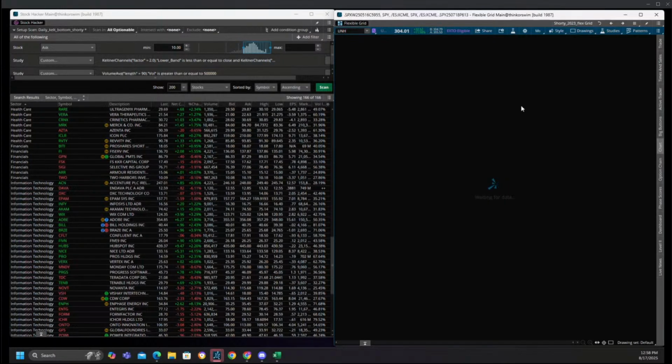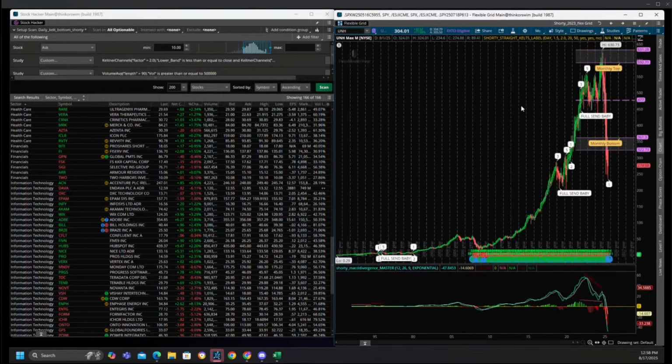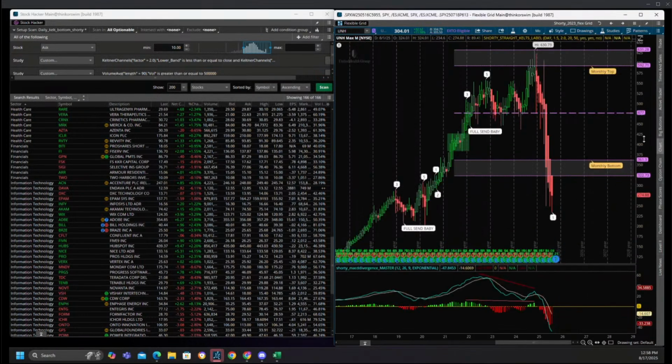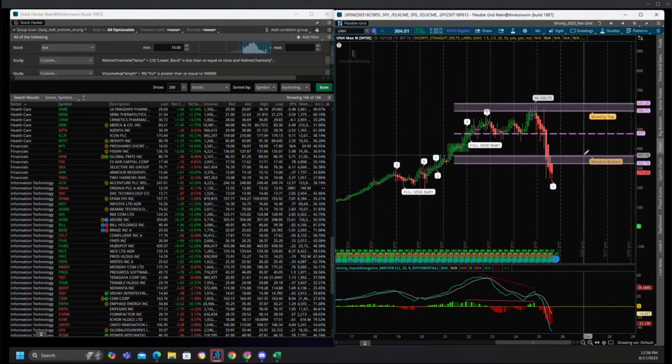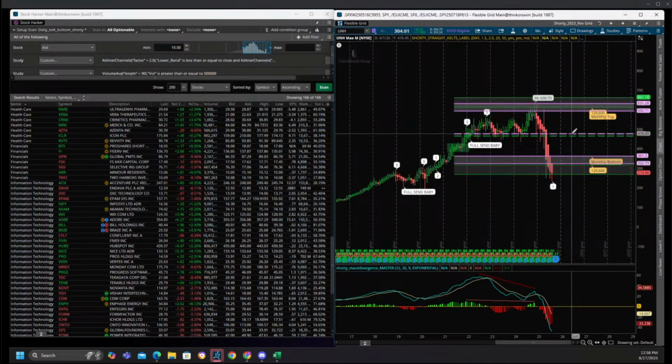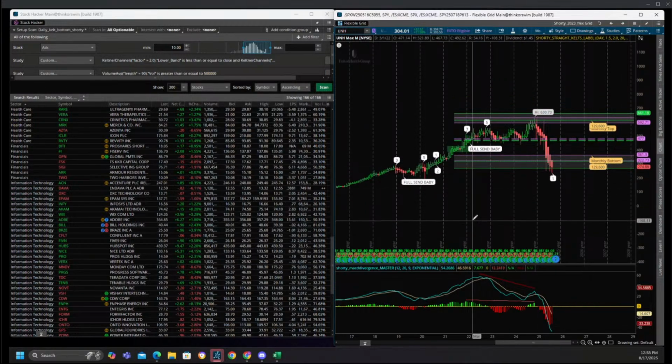If it comes back to 270, 260, I think that's a fair level to buy, but you have to buy and forget on this. Right. And here's your monthly levels. Once it clears this monthly level, it can really easily go back to at least 477. That's the next level you're looking at. But if you're gonna buy something on momentum, let it clear 320 on this stock. Got it.